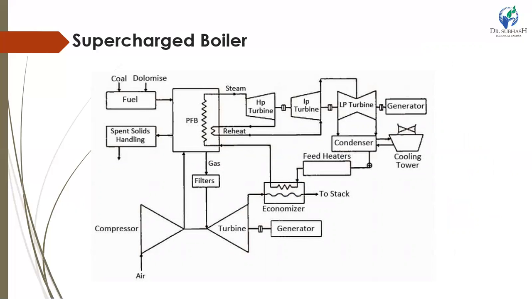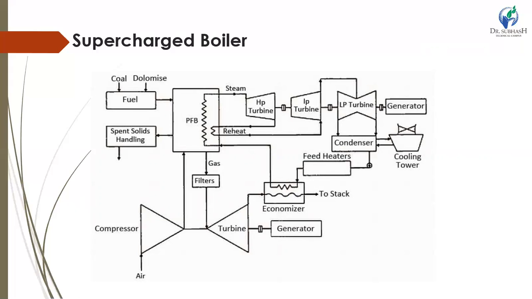A boiler in which combustion is carried out under pressure in the combustion chamber by supplying compressed air is known as a supercharged boiler. In this boiler, more mass of air is supplied by increasing the density of air in an air compressor. Hence, more amount of fuel is burned.